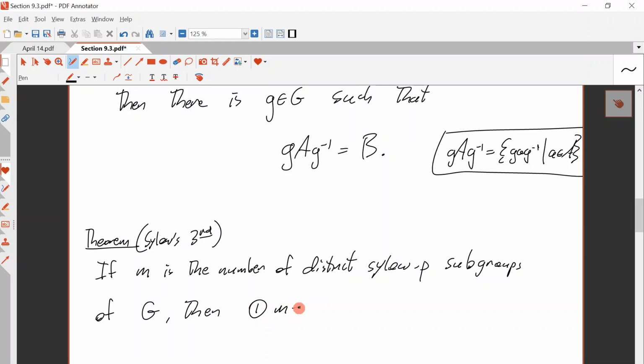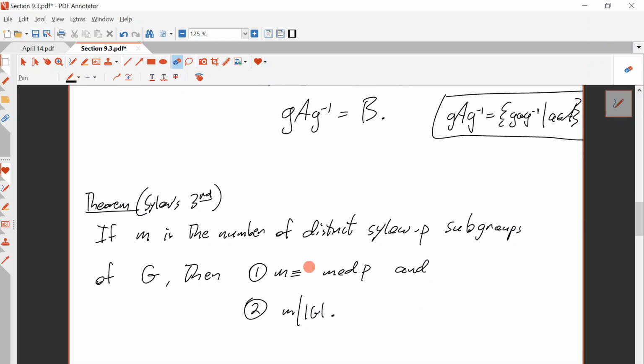One, m is congruent to 1 mod P, and two, m divides the order of G. So two properties of the number of distinct Sylow P subgroups of G. The number of subgroups is congruent to 1 mod P, and the number of subgroups divides the order of G.